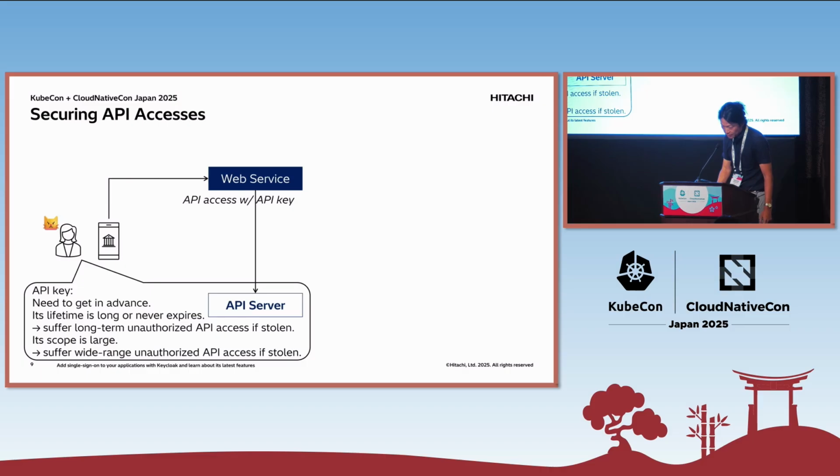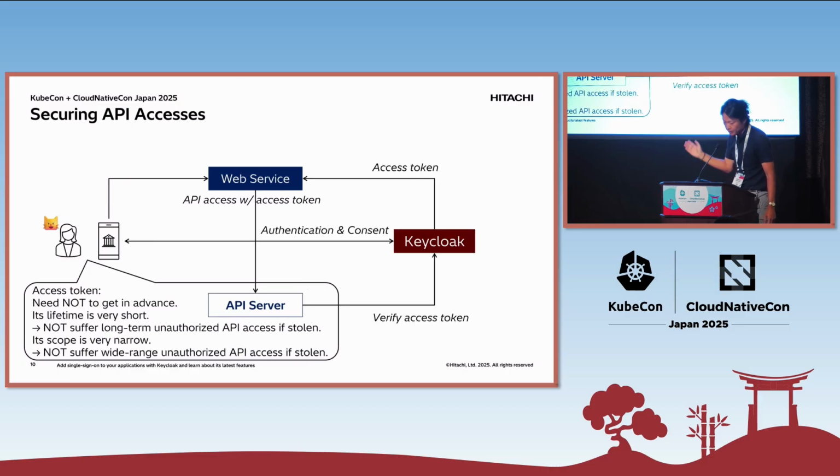To mitigate such security risk, we can use the access token of the OAuth2 specification instead of an API key. Of course, Keycloak supports OAuth2. You need not get this access token in advance. Also, generally speaking, the access token's lifetime is very short.